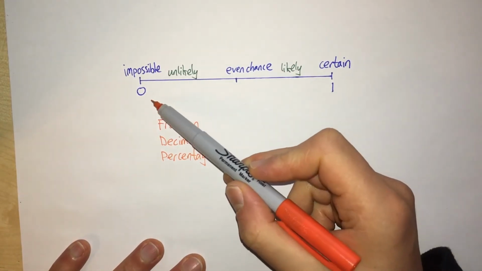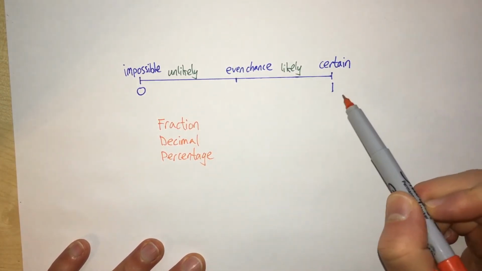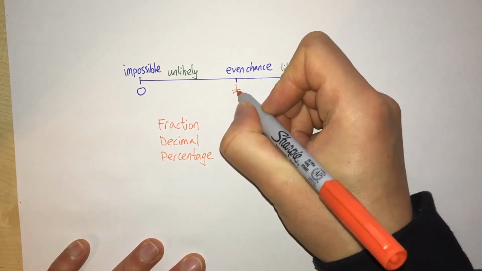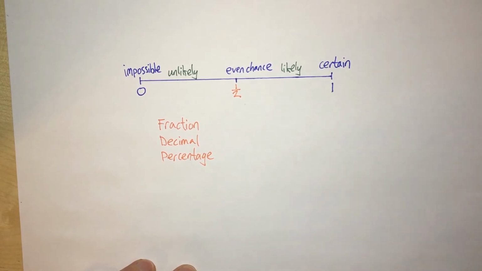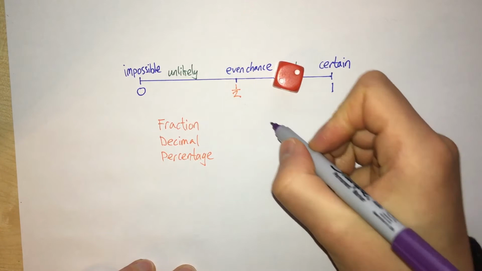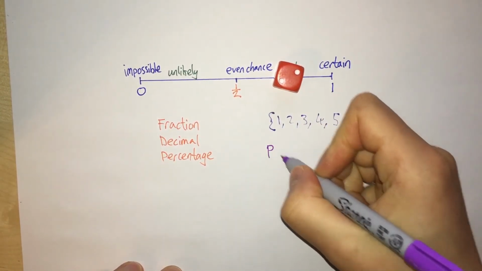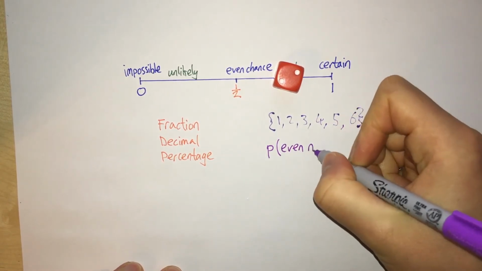It can be 0, a probability, it can be 1, or anything in between. An even chance is exactly a half. Let's consider our dice. A dice has 6 numbers. Now, what's the probability that when we roll the dice we get an even number?